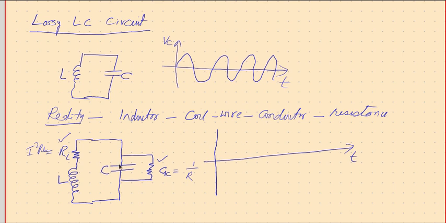In the previous case the total energy was constant, but now the total energy keeps reducing, and hence the oscillations also keep reducing. The magnitude of the oscillation keeps reducing with time and finally decays out to zero.